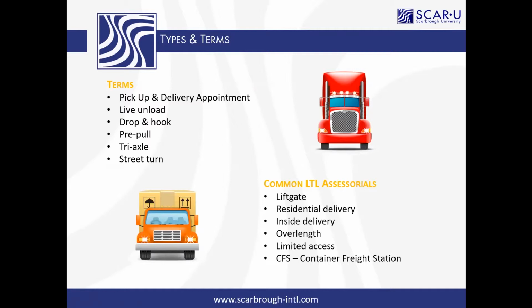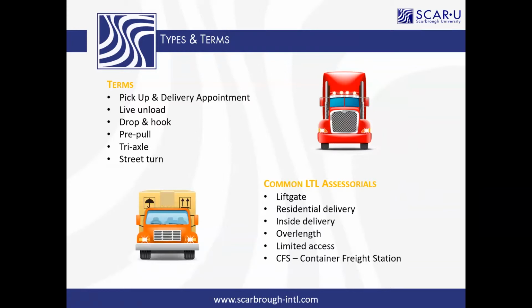So all empty containers picked up from a warehouse could qualify for a street turn if the street turn is approved by the steamship line. A street turn is basically, we can all request it, the freight forwarder, also the trucking company.